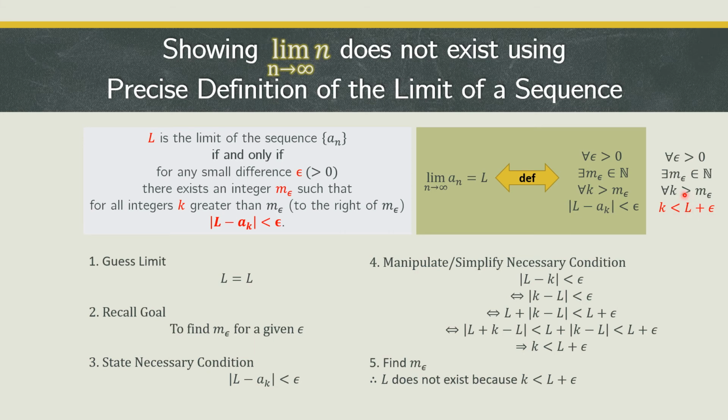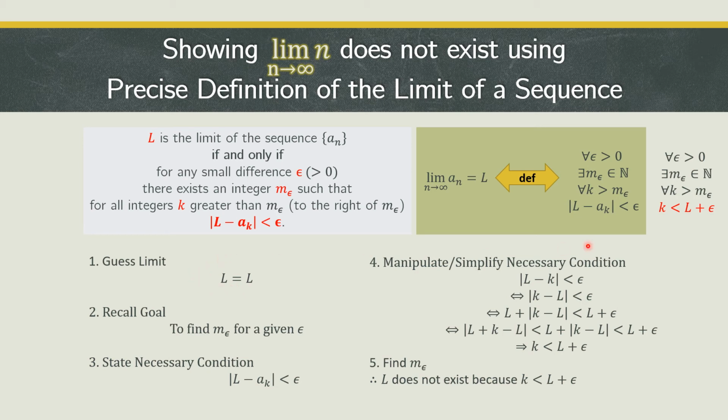And so these two statements cannot coexist, and that means that L does not exist in the first place, because this is the only part where we made an assumption that is probably incorrect. All the other steps we took were valid manipulations, and only this assumption is questionable.